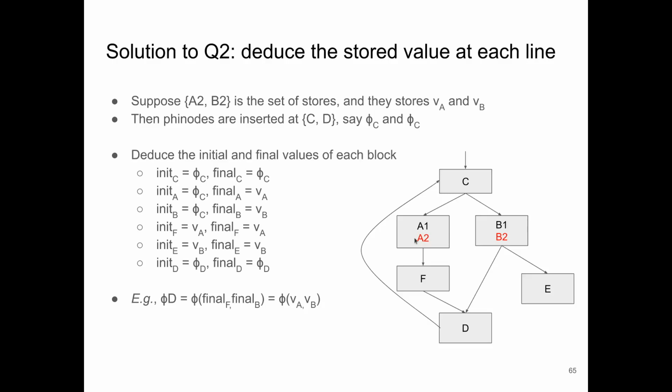So both C and A are dominating F, but in every path from C to F, A is always later than C. So that's the reason why A is the closest dominator of F, or in other words, it is the immediate dominator of F. So similarly, B's immediate dominator is C, and E's immediate dominator is B, and D's immediate dominator is C. So that's basically the high-level description and definition of this immediate dominator.